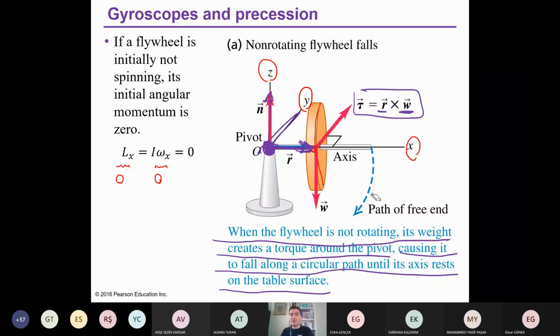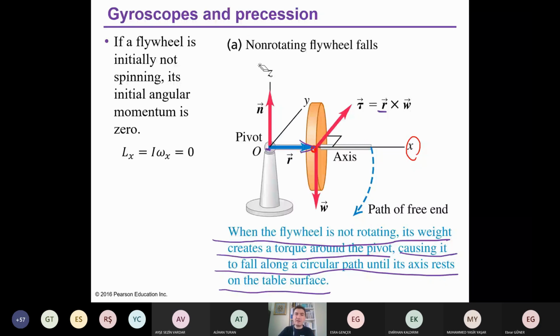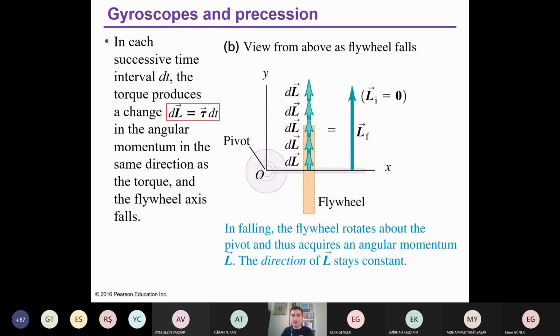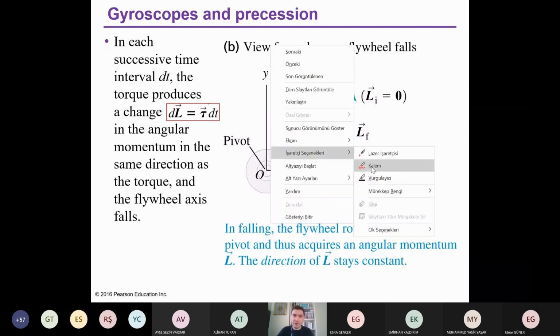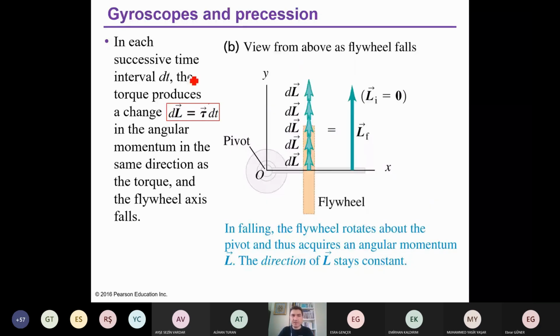So this was the condition for the non-rotating flywheel. Then let me investigate what happens if I look from the top of the flywheel for this first condition, when the flywheel is not rotating. Now we are looking from the top.